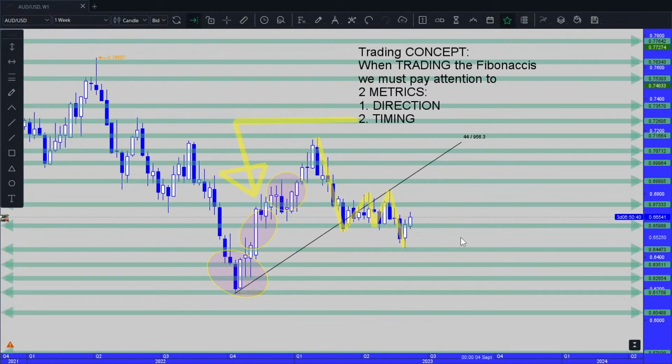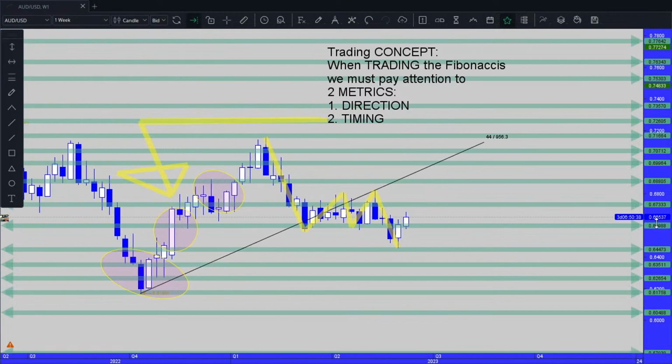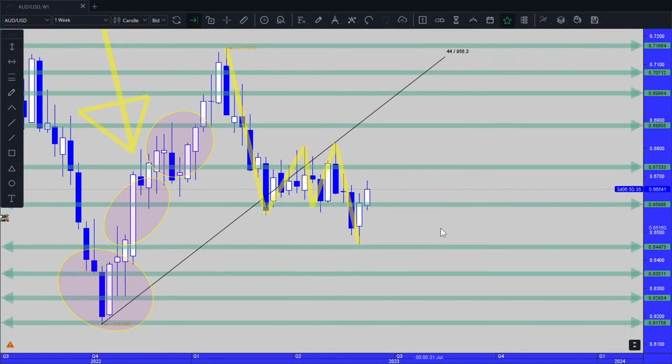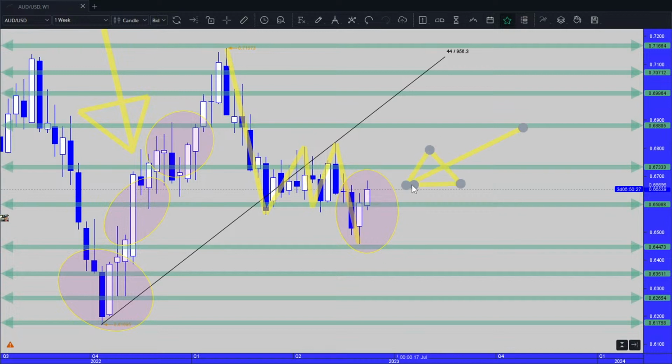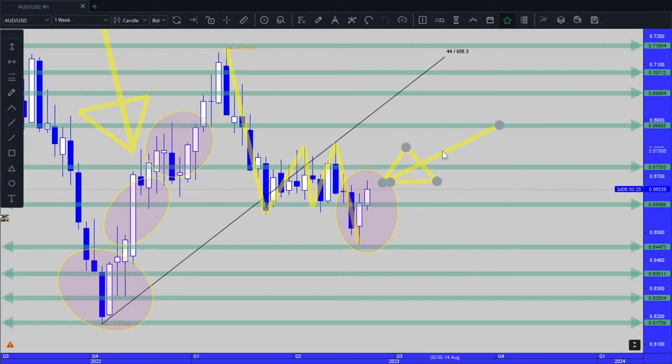Let's make a poll, everybody. Let's say that you want to short AUD USD. Is now the right time to short the market? Yes or no?